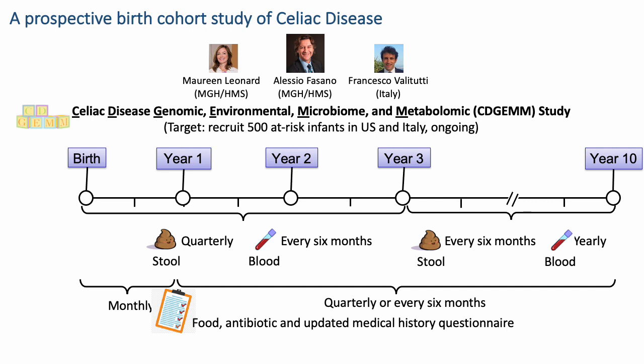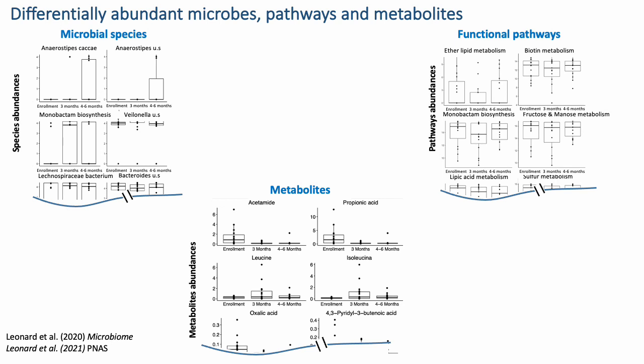In fact, we had previously analyzed the fecal metagenomic and metabolomic data from this cohort study by using microbiome-wide association studies and statistical methods, and you can read more about the details of these studies in our recent publications. But basically what we got out of these microbiome-wide association studies were a list of microbial species or strains, functional pathways, or metabolites that were differentially abundant between subjects who developed the disease and those who did not, or between different time points.